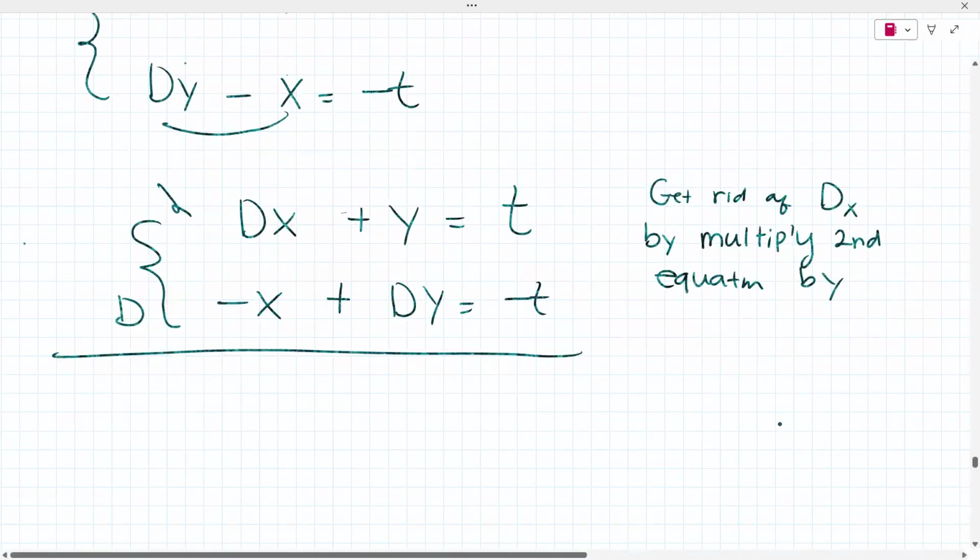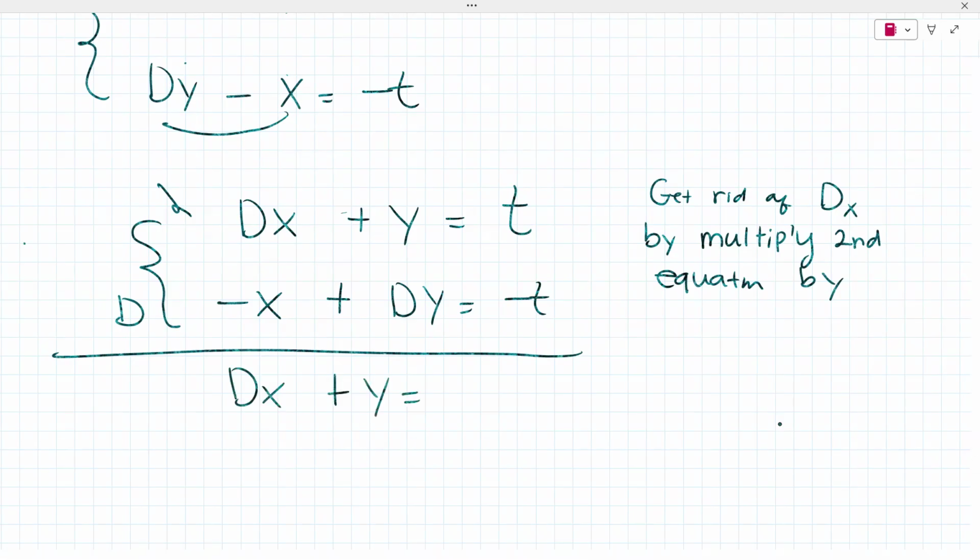I'm going to rewrite the first equation again, and then I'm just going to FOIL out this d. So this is going to be negative dx plus d squared y equals negative dt.